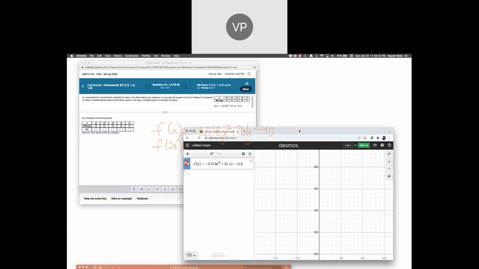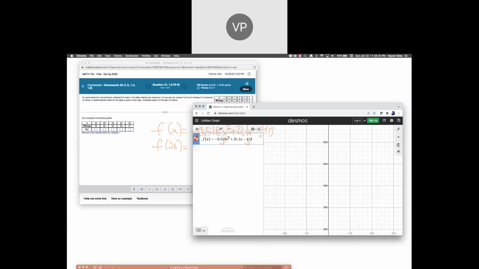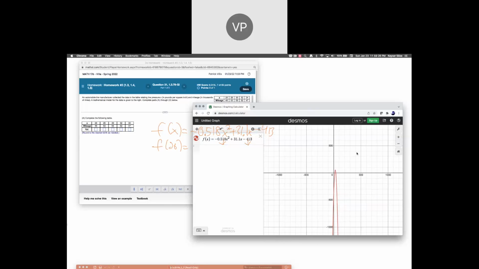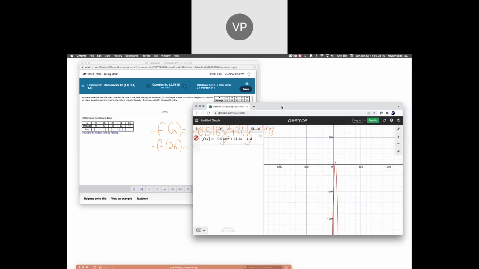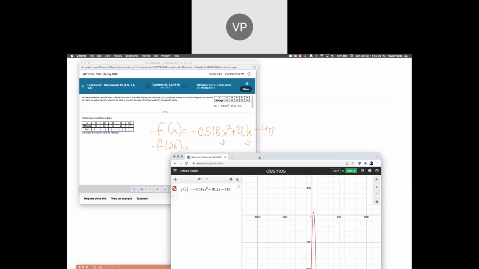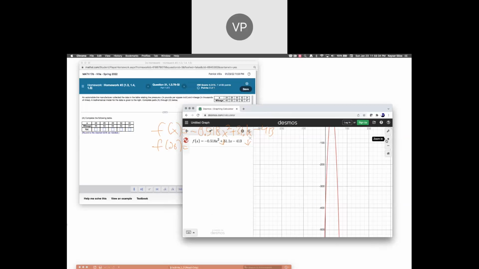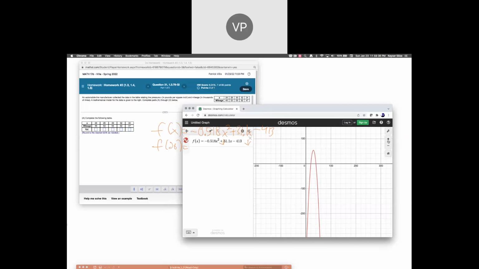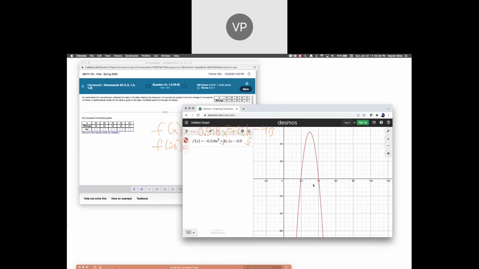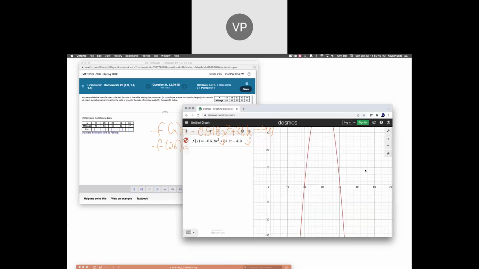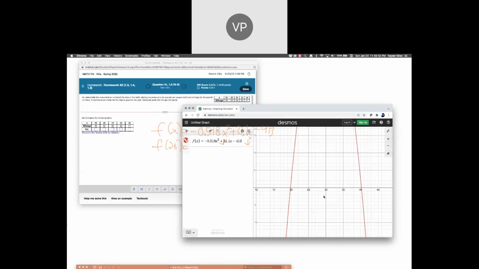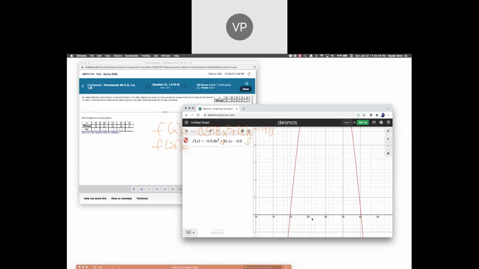Okay, so let's just look at this picture first. There's another downward parabola right here. Now the question they asked was, what's f of 26? So as I zoom in here, I can actually go and find 26 right there.